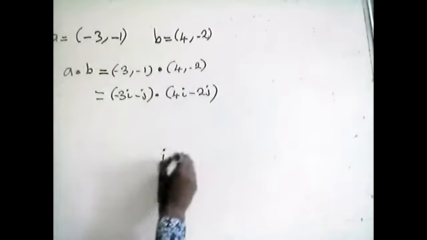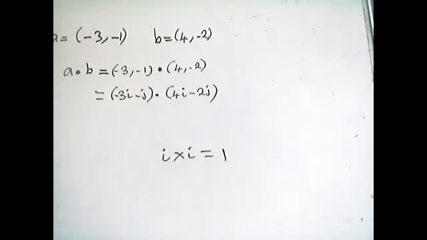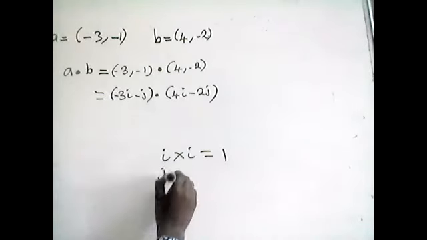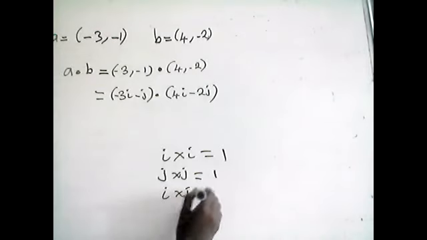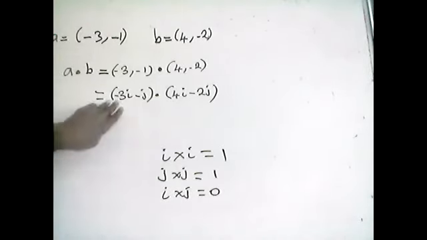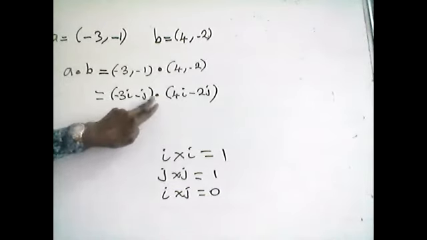That is in vectors; don't look at it in terms of complex numbers. But i multiplied by j, the answer is 0.